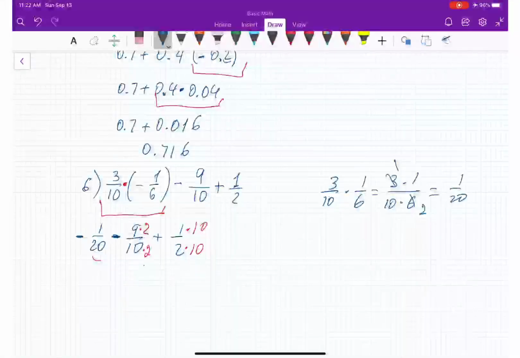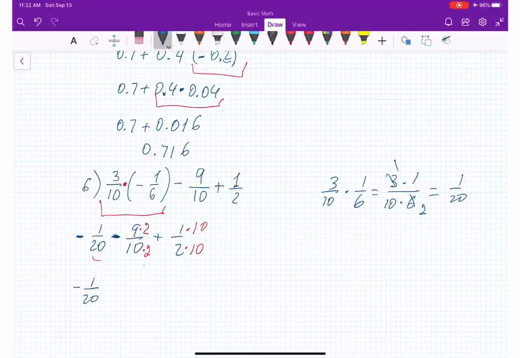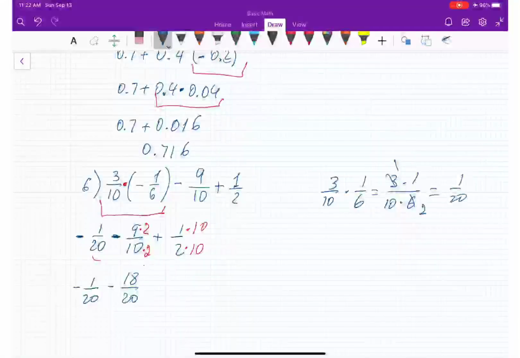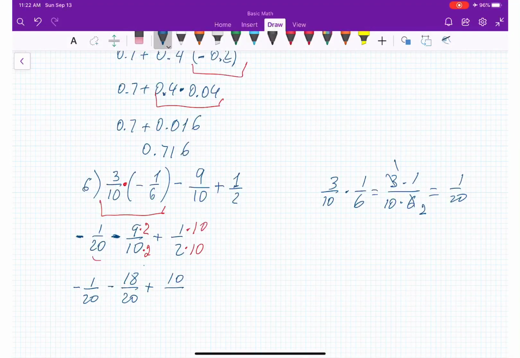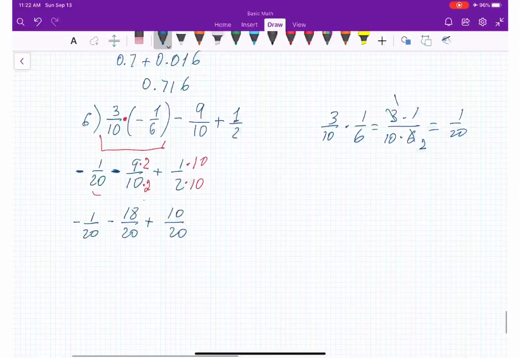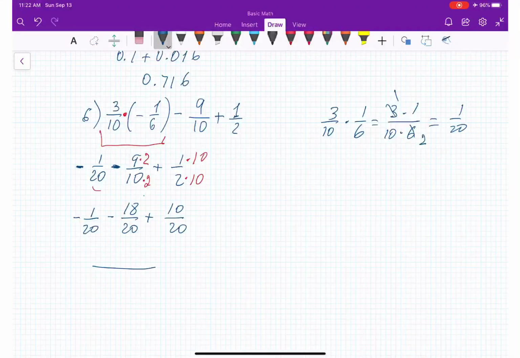What do we get? Negative 1/20 minus 18/20 plus 10/20. Okay, since the denominators are the same, I will get negative 1 minus 18 plus 10. The denominator is the same, and I'm combining all of this in the numerator.